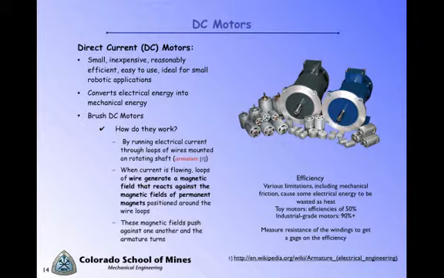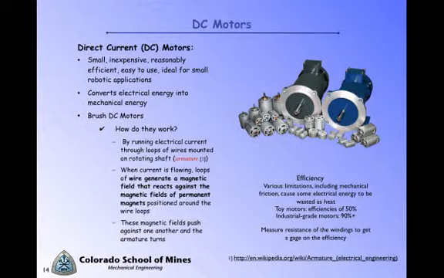And then there are brush and brushless DC motors. In this talk, we're going to talk strictly about brush DC motors, but brushless technology is really coming along, and there are lots of advantages to it, as we'll see later.